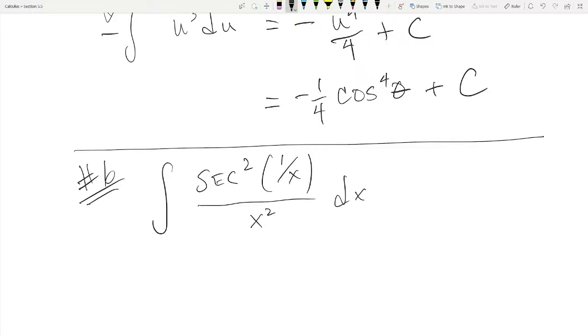But then it also gets you where you have to get comfortable seeing all kinds of crazy notation. And this one's a good example of that.